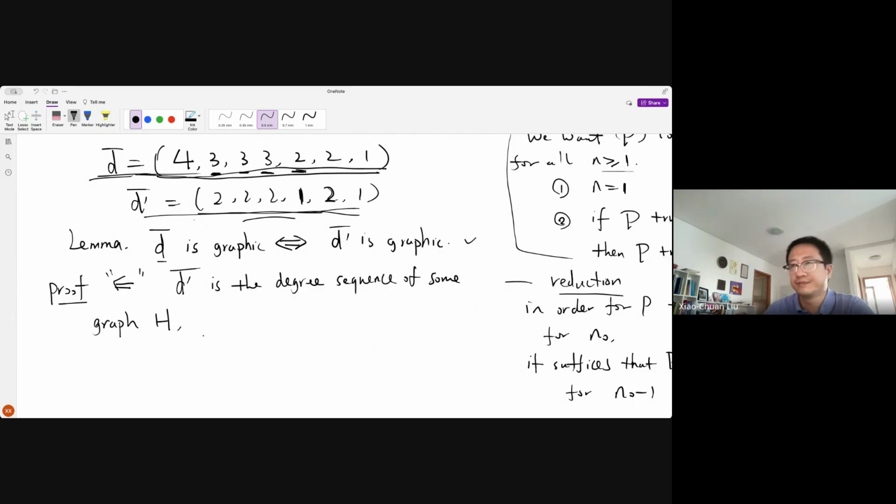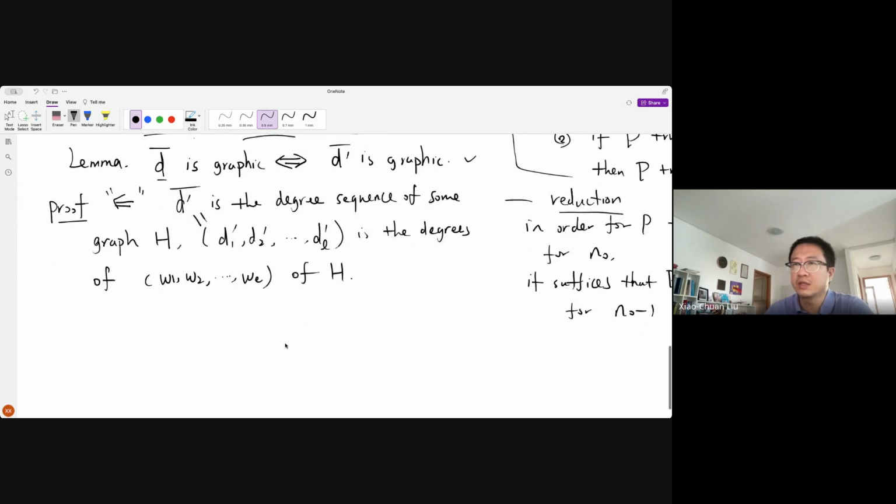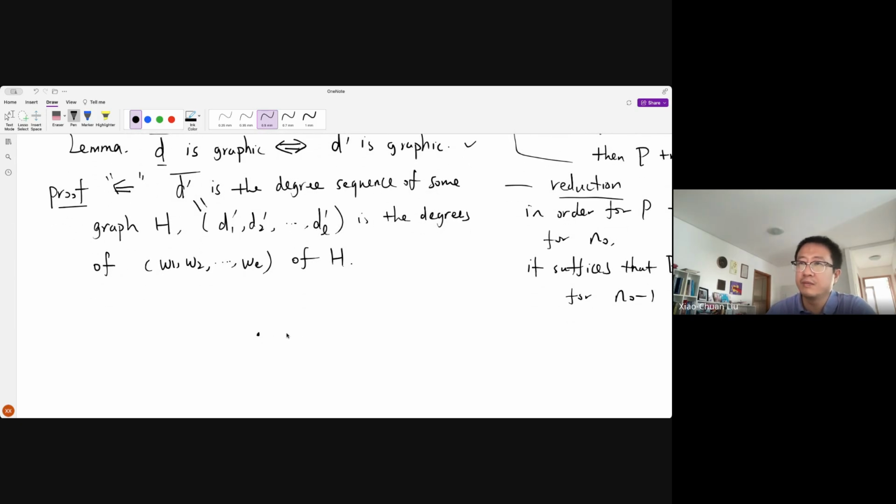Maybe we call it H. Meaning that if I look at D1 prime, D2 prime, until DL prime, these are the degrees of vertices, let's write W1, W2 until WL, these vertices of H. I know that W1 has degree D1 prime.